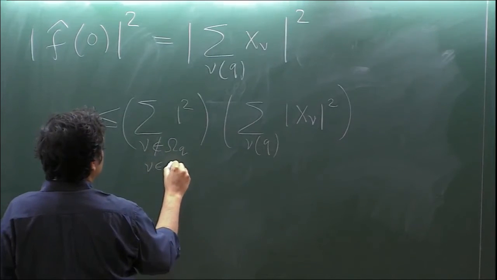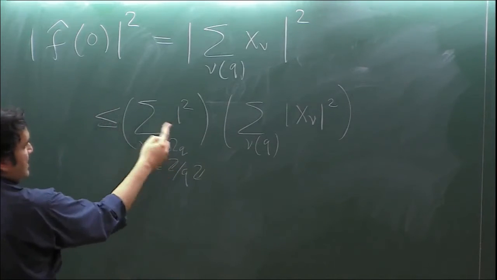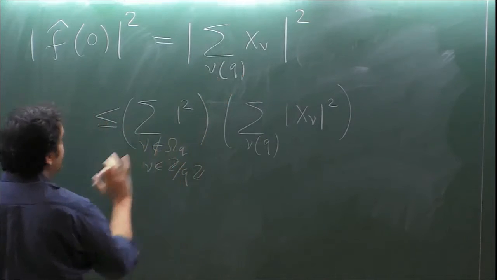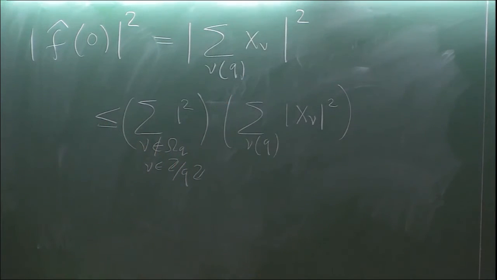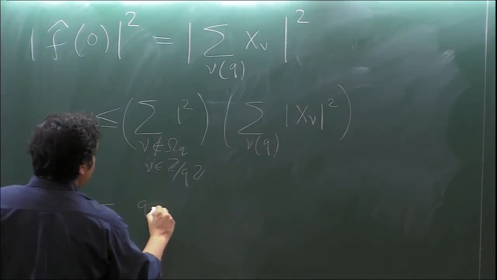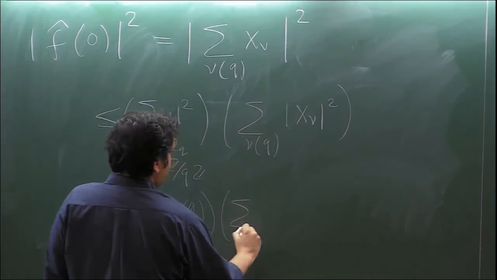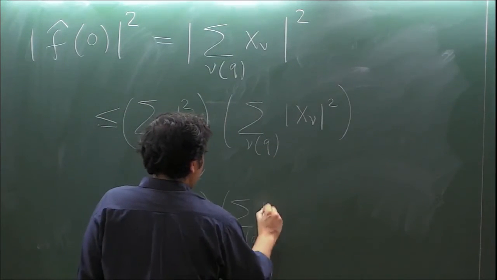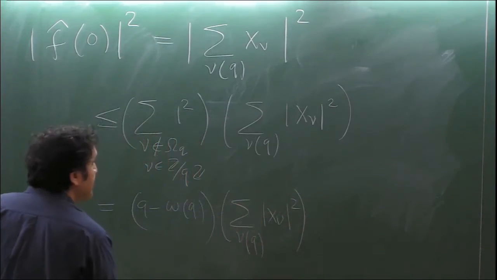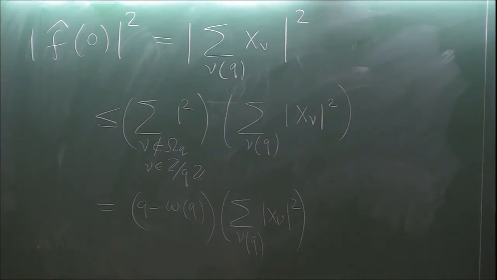Of course, nu is in Z mod qZ, but it need not lie here. I don't want to have some extra terms here because x nu was 0. So I'm using this observation. And that is the same as q minus omega q times this sum. Okay, so I need to evaluate this sum.